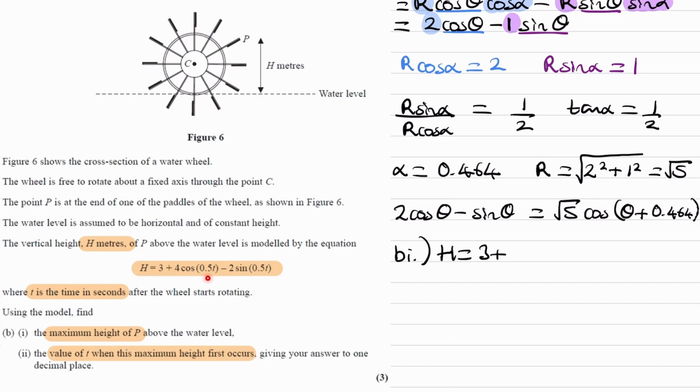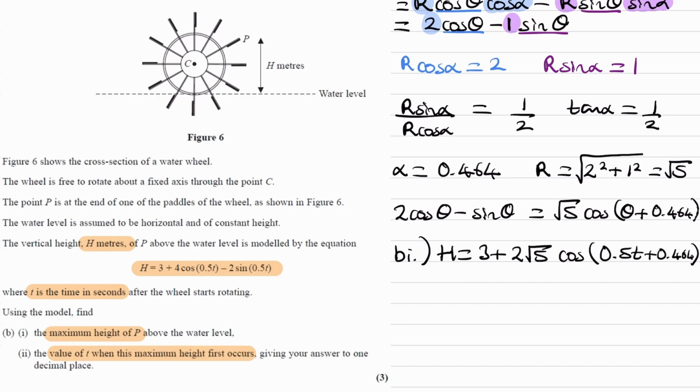So this is 2 times bigger, and also the theta has been replaced with 0.5t. So if we times both sides by 2 and replace the thetas with 0.5t, this would be equal to what we have here. So we can re-express this with the extra 2 and the theta being 0.5t, so plus 2 root 5 cos(0.5t plus 0.464).